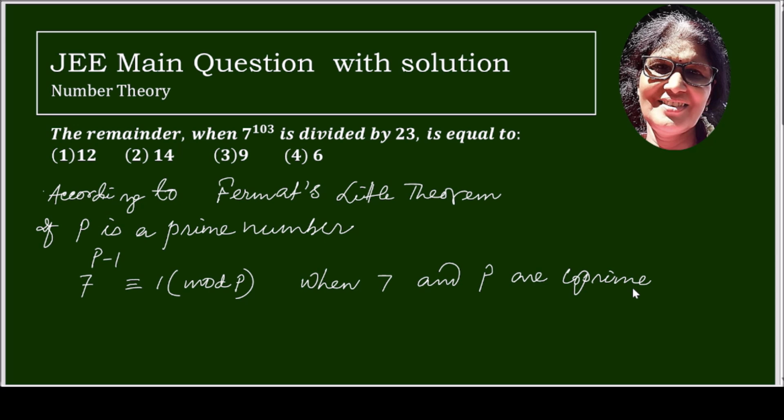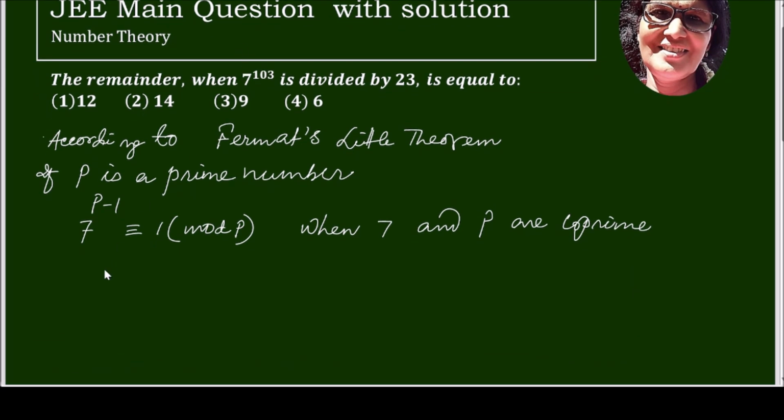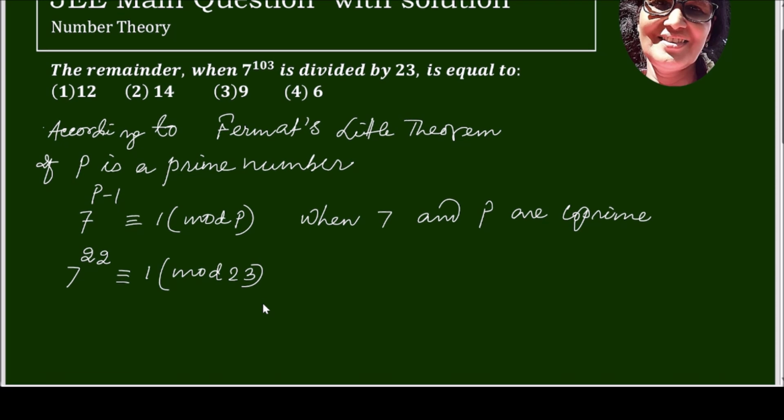So using this, we'll write 7 power 22 is congruent to 1 modulo 23. That means when 7 raised to the power 22 is divided by 23, we get the remainder 1.